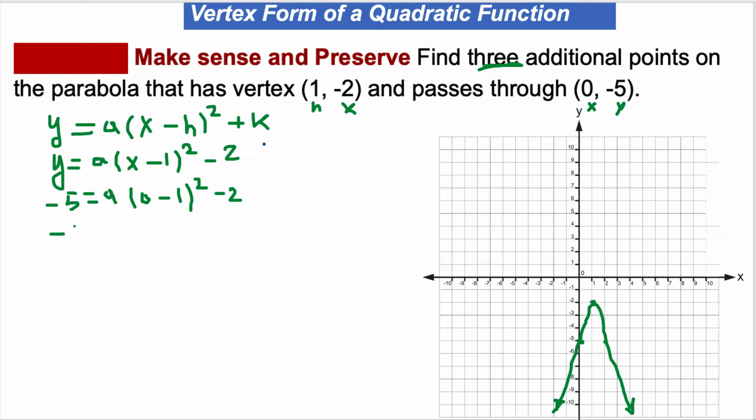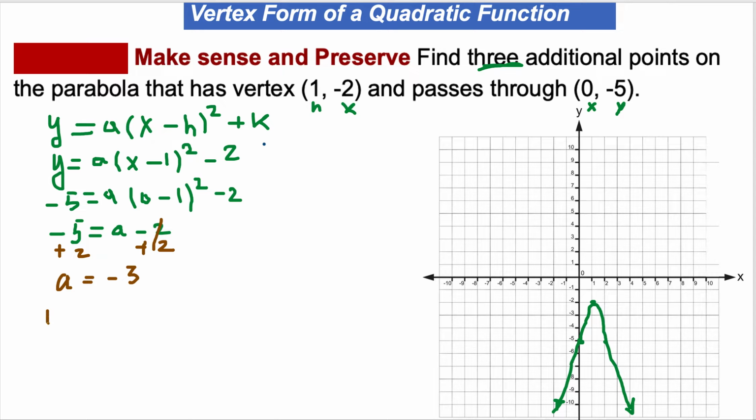Here is minus 5. 0 minus 1 is minus 1, squared is 1. 1 times a is a, and minus 2. If I add 2 to both sides, a is going to be equal to minus 5 plus 2, which is minus 3. So a is equal to minus 3.